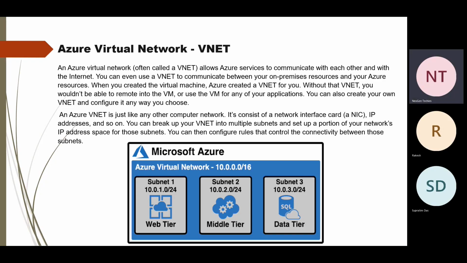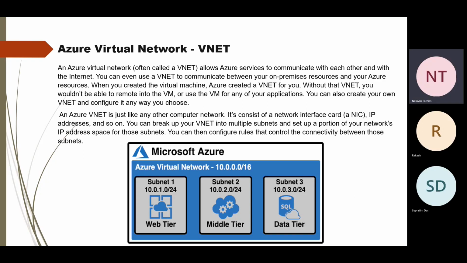Azure Virtual Network, called VNet, allows Azure services to communicate with each other and with the internet. You can use VNet to communicate between your on-premise resources and your Azure resources. When you create a virtual machine, Azure creates a VNet for you by default.